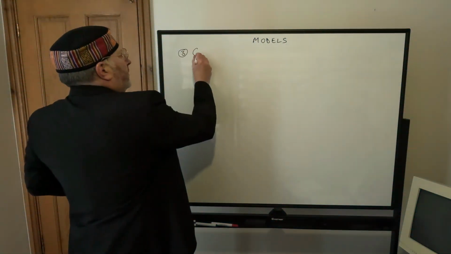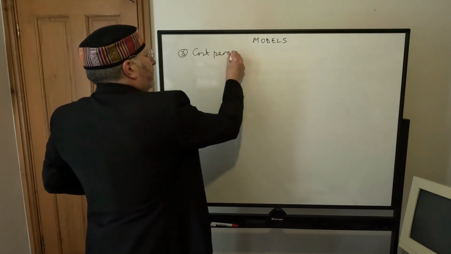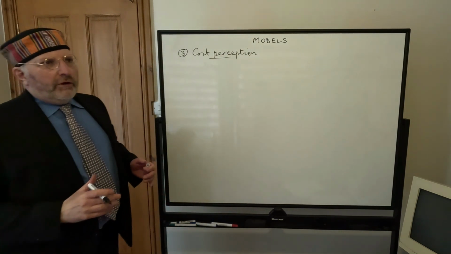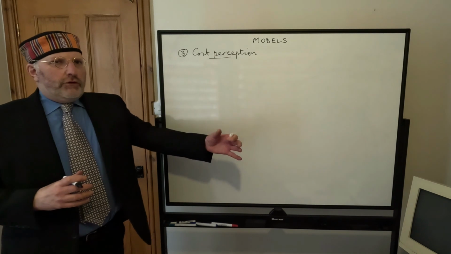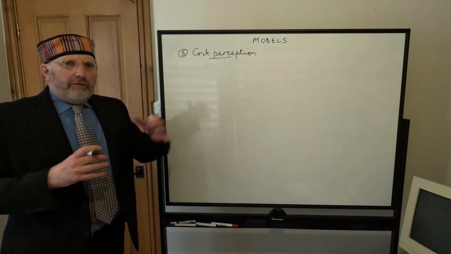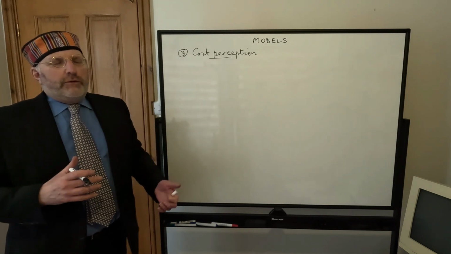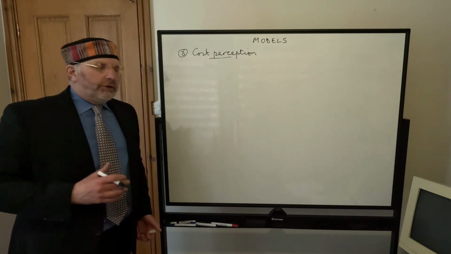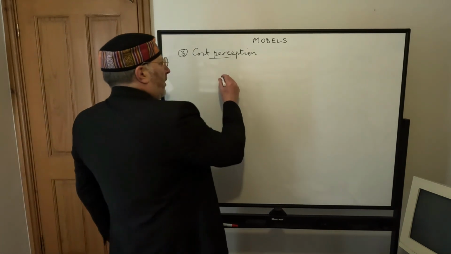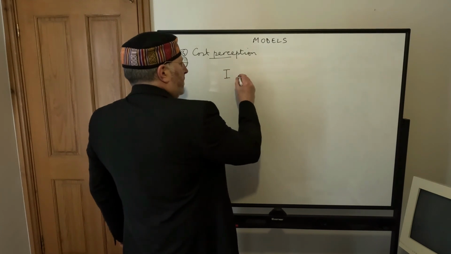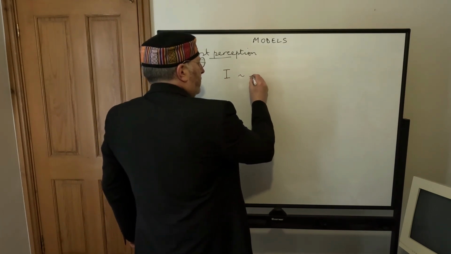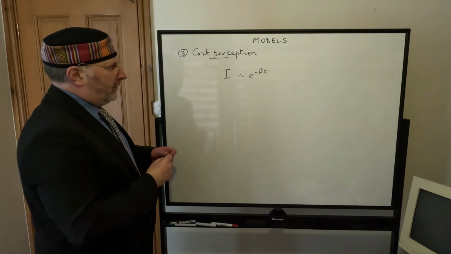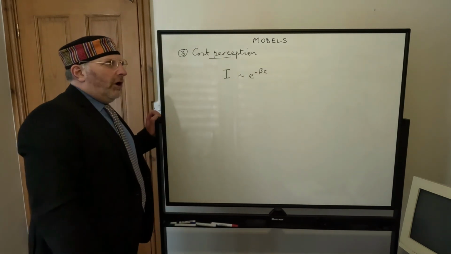And our third example is to do with issues of cost perception. So people have suggested that the amount of interaction between two places is a decreasing function of the cost of movement between them. And not just a decreasing function, but a decreasing exponential function of the cost of movement. So if we write I for interaction, then we've got interaction proportional to e to the minus beta times c, where beta is some constant and c represents cost.